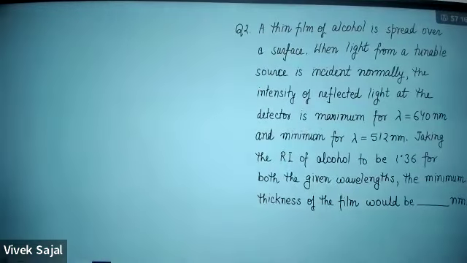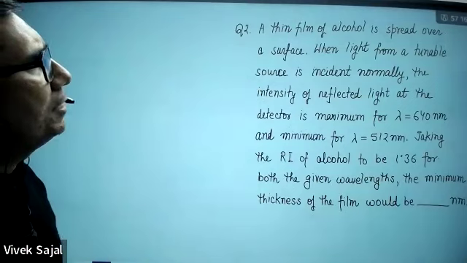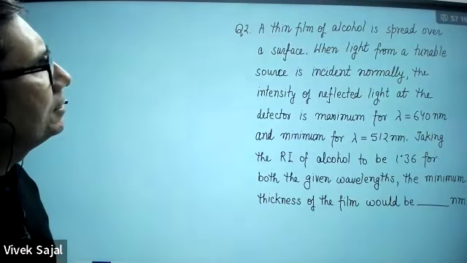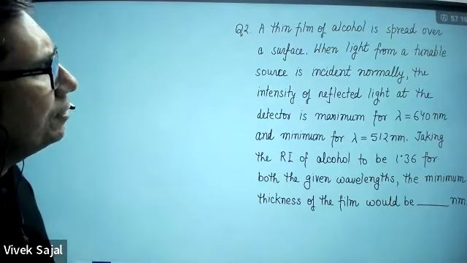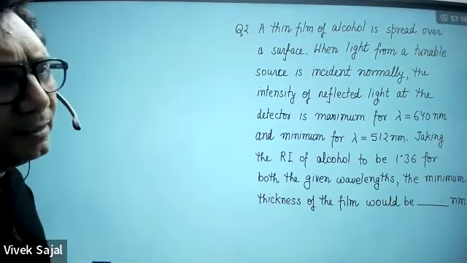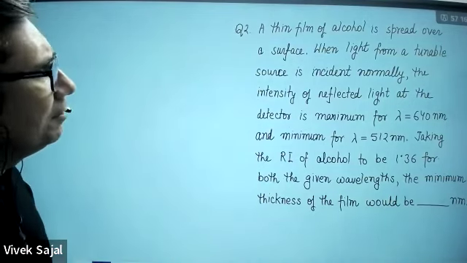Now, go through this question. A thin film of alcohol is spread over a surface. Because they are talking about a surface, we can assume it is a denser medium.